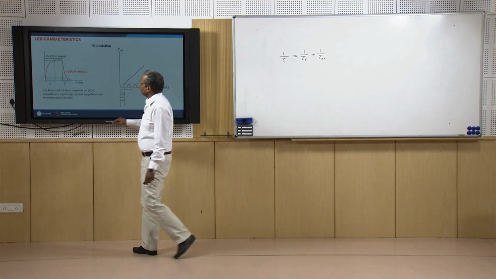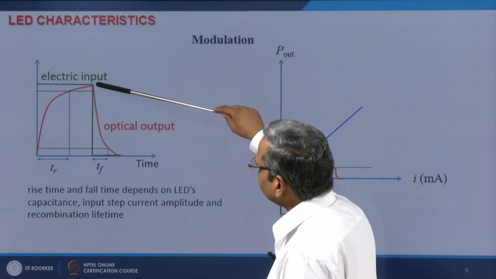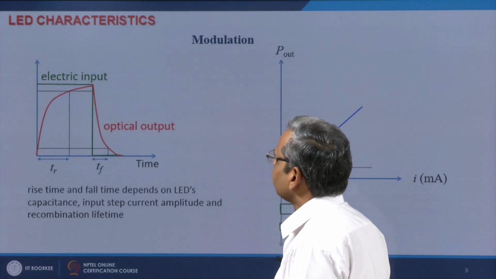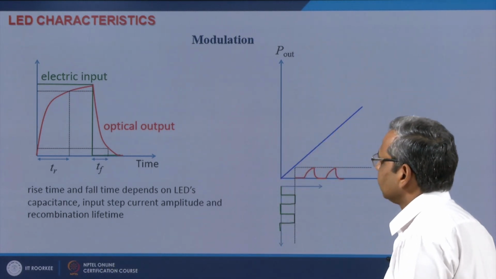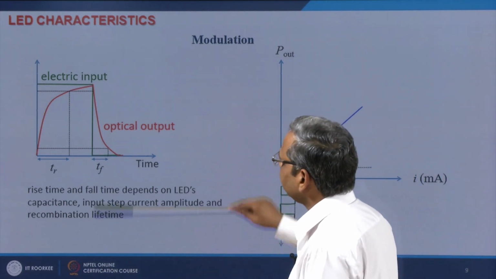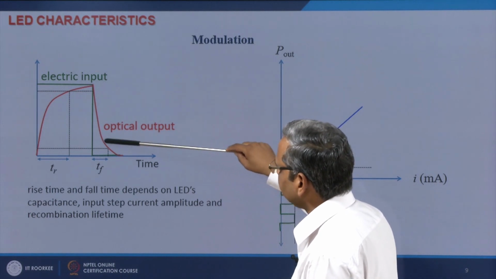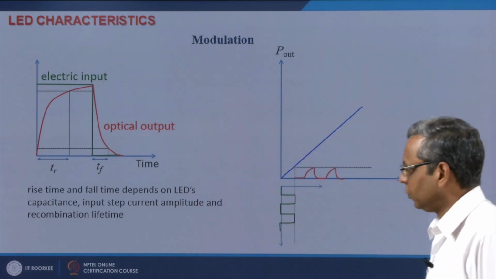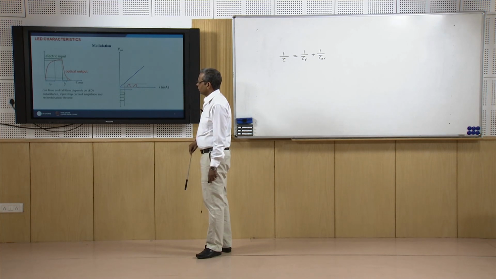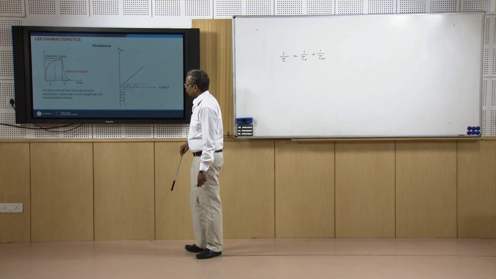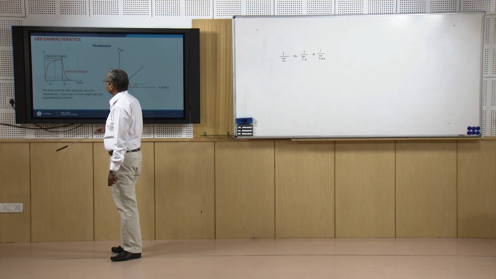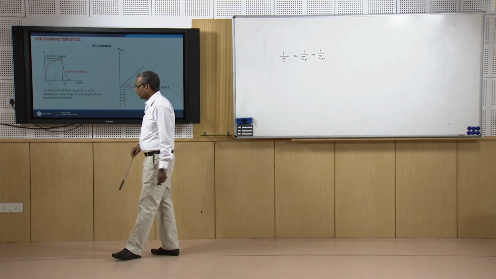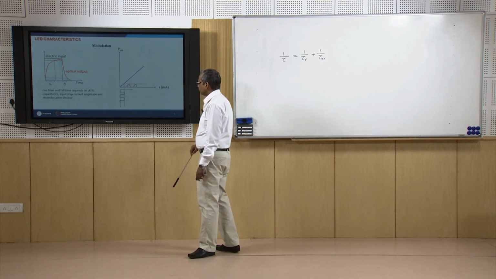And then when the electric input drops down, again due to the capacitance of an LED, it will not immediately fall down, but it will take certain time to go to the value 0. And if again this is 90%, then this time is called fall time, TF.